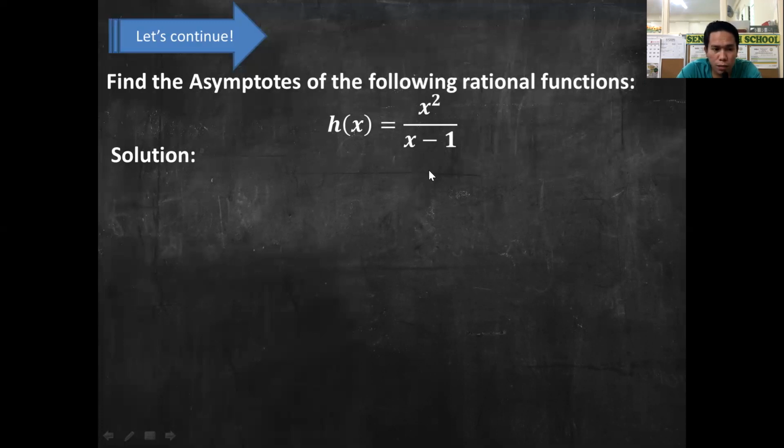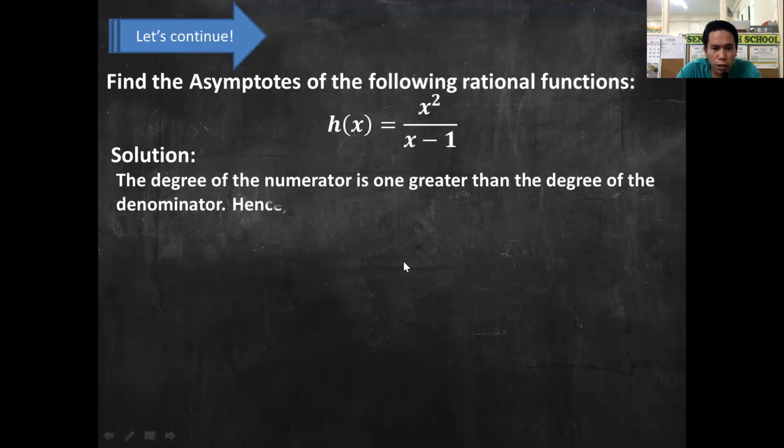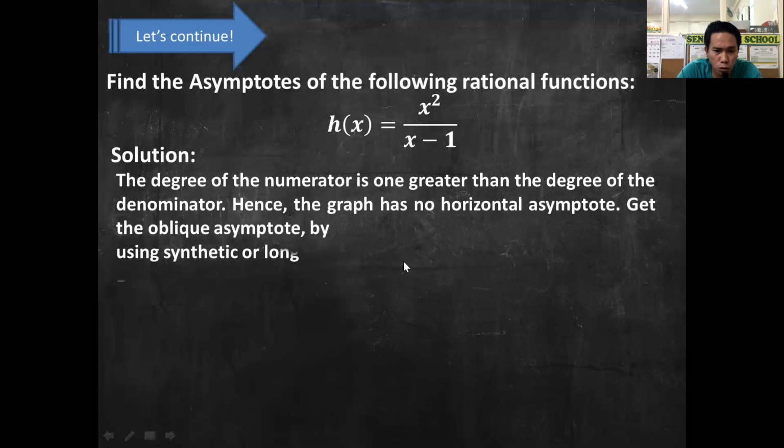Kasi sa condition kanina sa oblique, if our n is 1 degree higher than the degree of the denominator, meron siyang oblique asymptote. The degree of the numerator is 1 greater than the degree of the denominator, hence the graph has no horizontal asymptote.